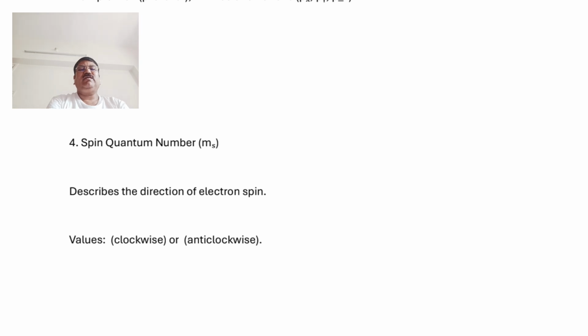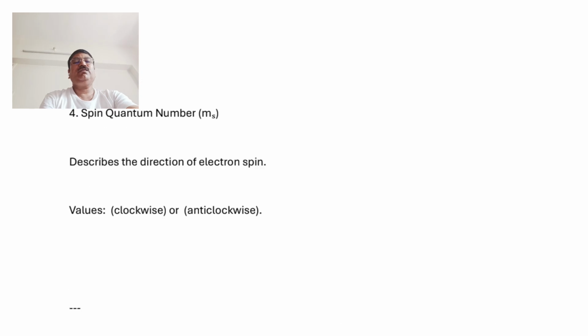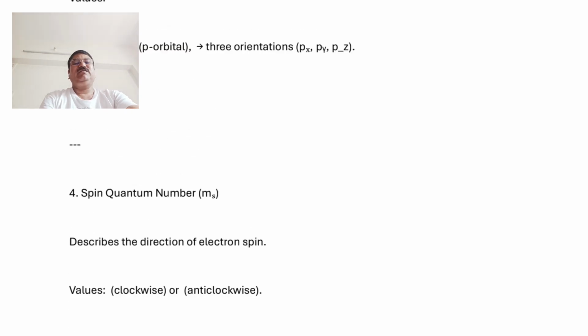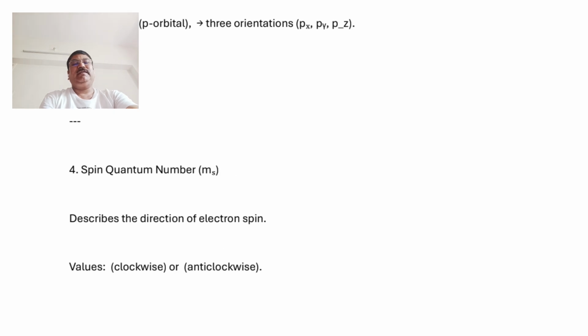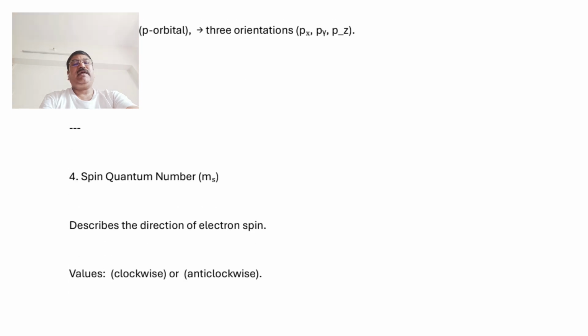It shows the direction of spinning of the electron, whether it is clockwise or anti-clockwise. So this is about the spin quantum number, and the rotations are observed clockwise or anti-clockwise.